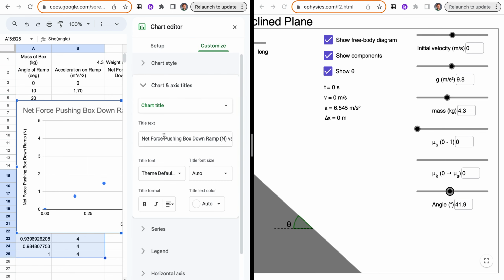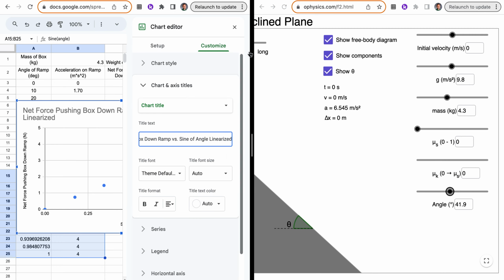We'll give this a title of net force pushing box down the ramp versus sine of our angle, linearized. Okay.